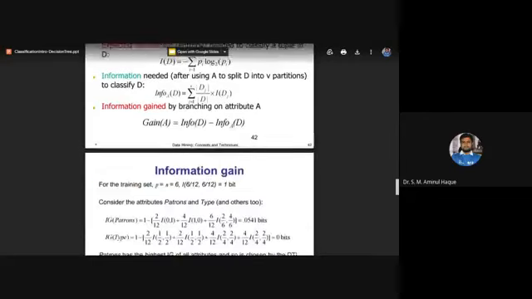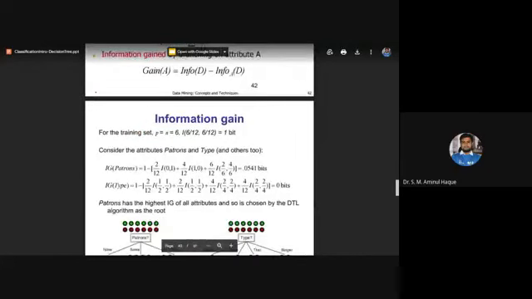We'll have an example so it will be clear to you how we can calculate. You see, for information gain for the patron attribute, they have calculated these.